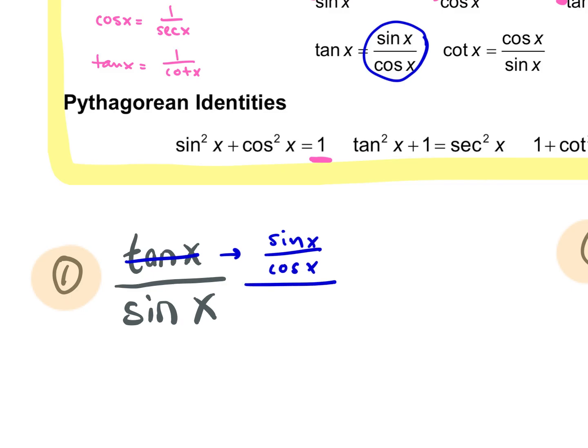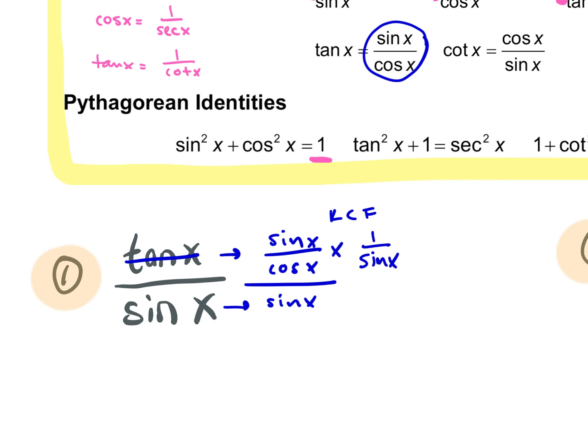Then we have over sine of x. What do we do when we have a fraction and a fraction? Keep, change, flip. We're going to keep the top, change to multiplication. When I flip the bottom, what does it flip to? 1 over sine of x.